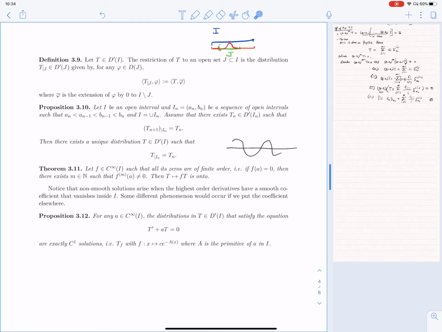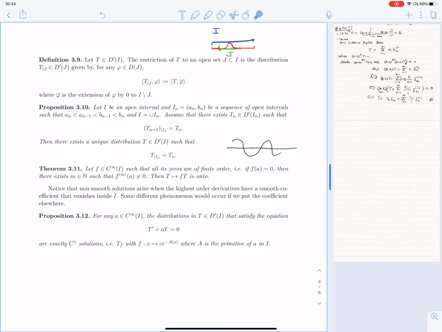And we can also assume that for each I_n there exists a distribution on I_n called T_n, which is consistent in the sense that the distribution T_{n+1} is defined on I_{n+1}, and T_{n+1} restricted to the smaller set I_n is equal to T_n, the distribution on I_n.